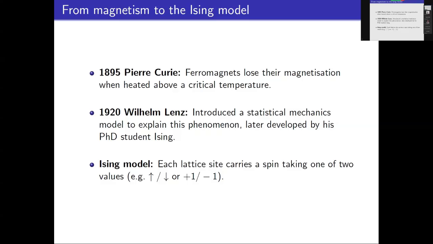In fact, the iron will stay magnetized even after you remove the magnet, at least for some amount of time. But now, let's see what happens when you increase the temperature. If you increase the temperature a little bit, you will still have the same behavior. But if the temperature becomes very, very high, then suddenly, once you remove the magnet, the iron won't stay magnetized.